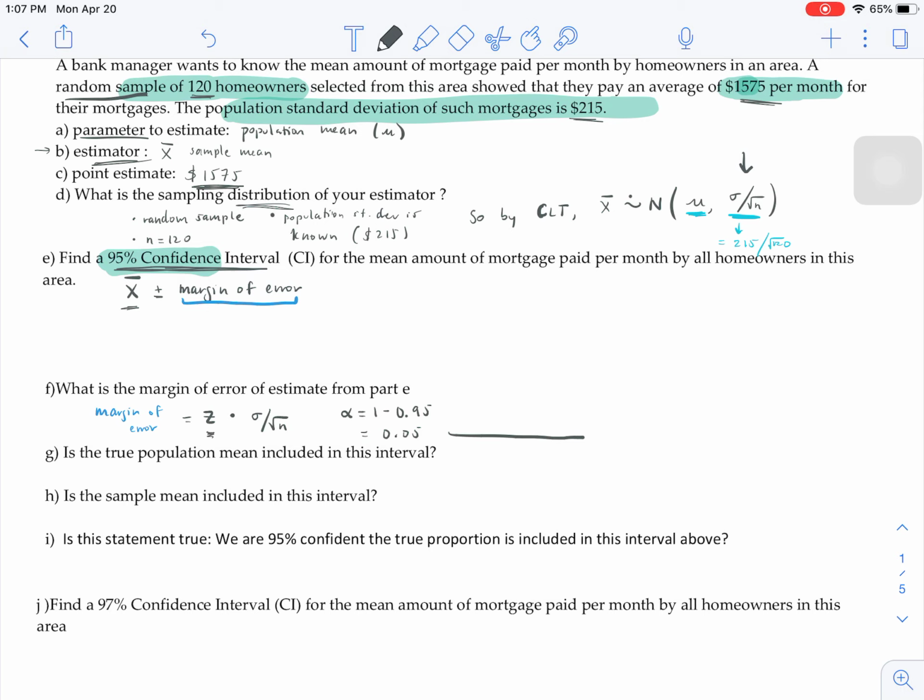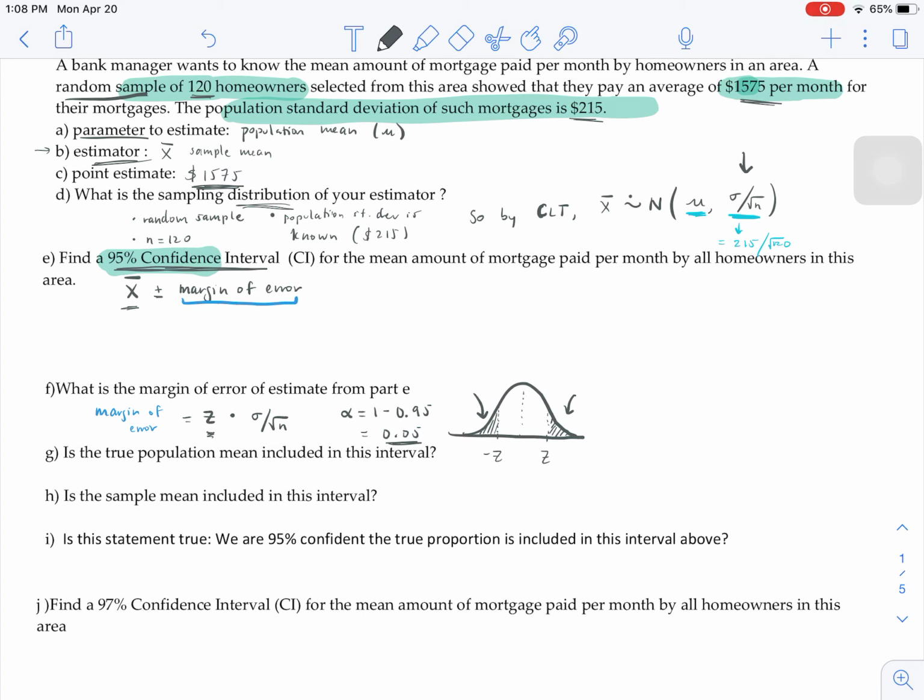And what does this value mean? All it says is that this amount, 0.05, is the area in both the tails together. So if this is our z statistic, our positive z value and the negative version of it, the total area in both of the tails is 0.05.